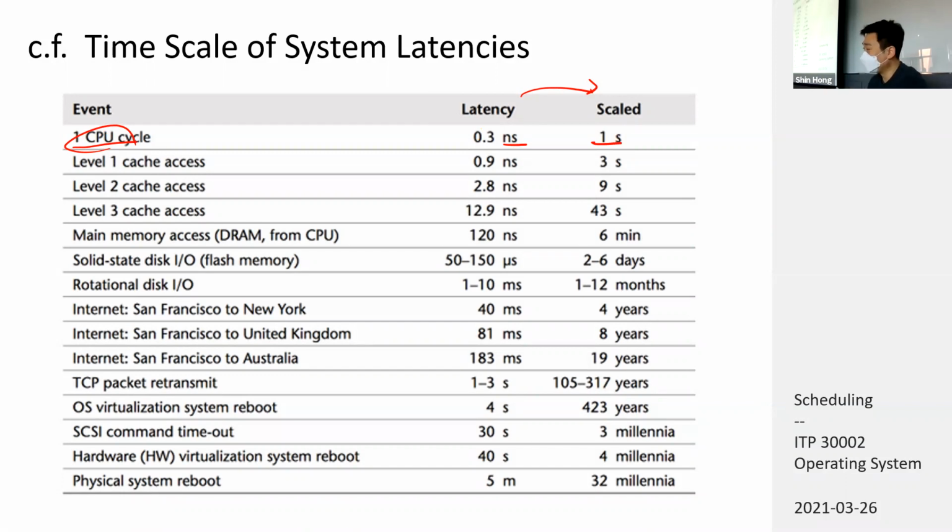One CPU cycle takes 1 second. And then what? A level 1 cache access takes 3 seconds. Reasonable. Level 3 cache, 43 seconds. That access doesn't really go out of the CPU; it is treated inside the CPU, but with the L3 cache it takes 43 seconds. But if we really touch the main memory, then it takes 6 minutes. It is orders of magnitude slower.